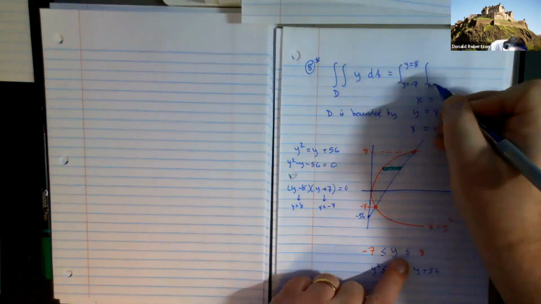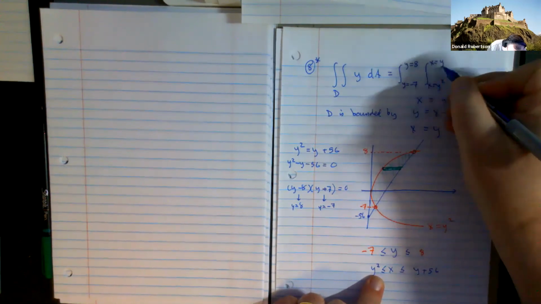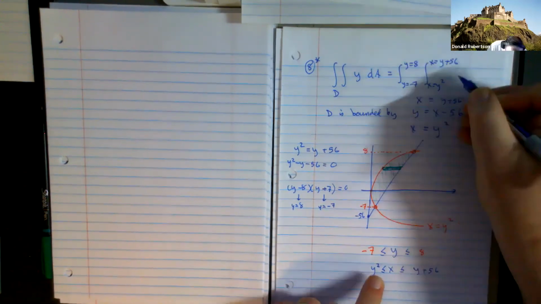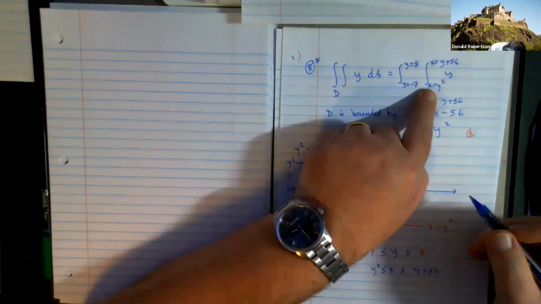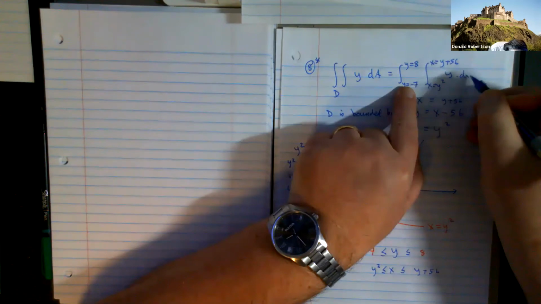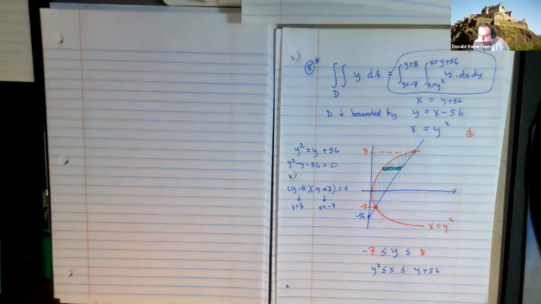It's going to go x equals y squared to x equals y plus 56. The function is still y, and the order is going to be x's and y's, so it's going to be dx dy. And that is how we set up this particular double integral.